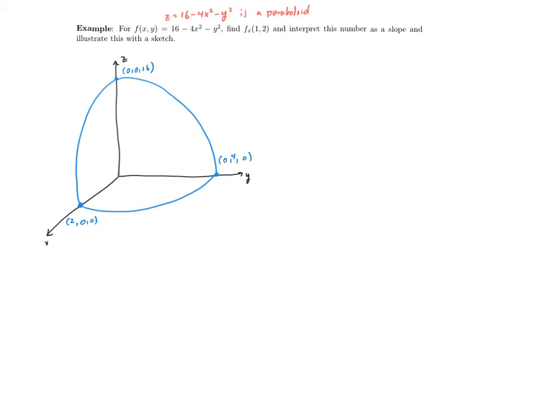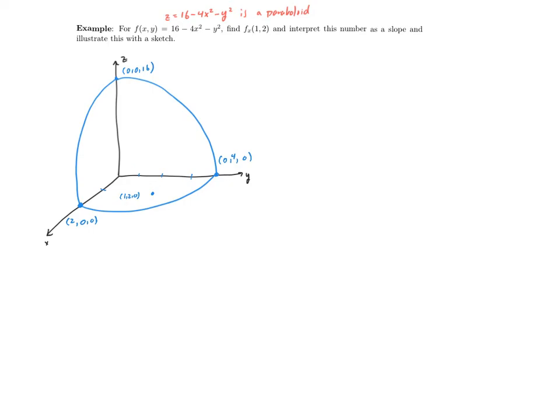And what we would like to do is find and interpret the partial derivative with respect to x at the point (1, 2). So I can see (1, 2) sitting right about here in the z equals 0 plane. So when we say (1, 2), it's really (1, 2, 0).